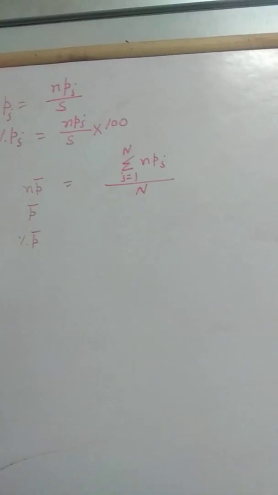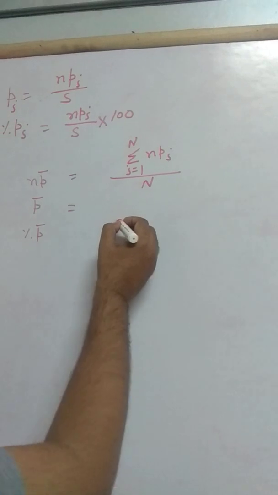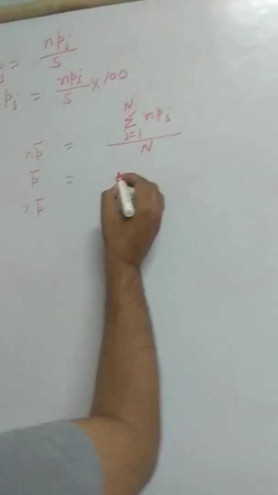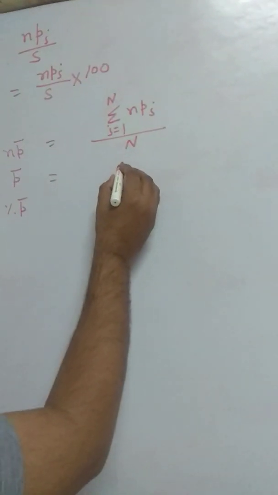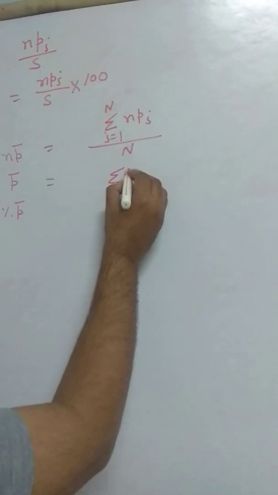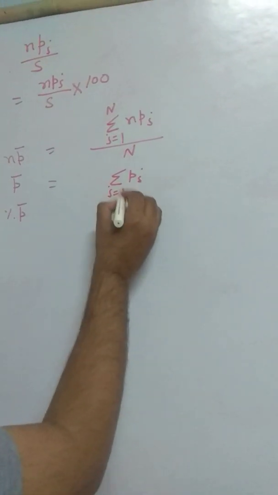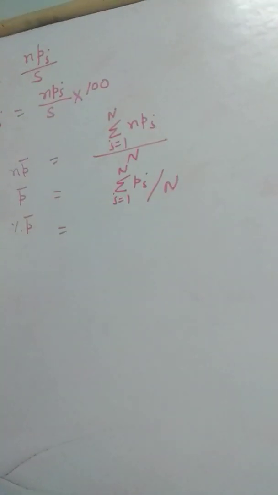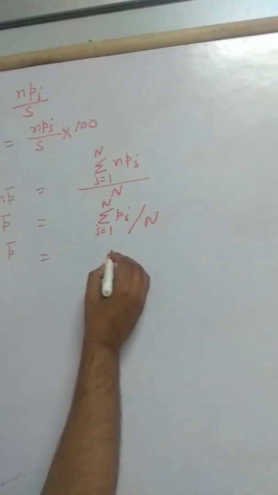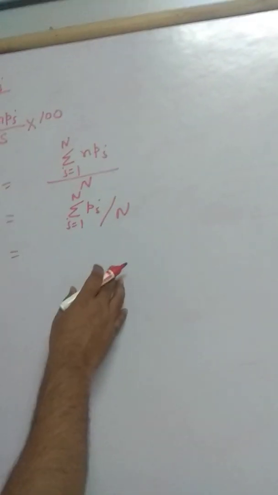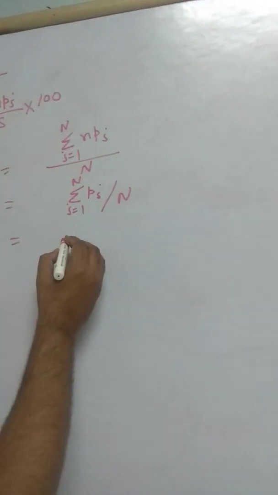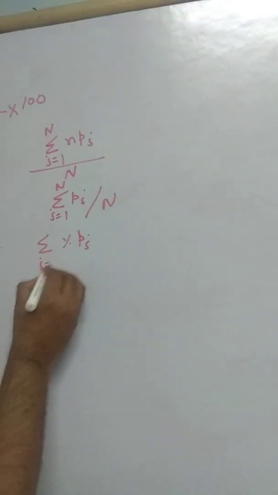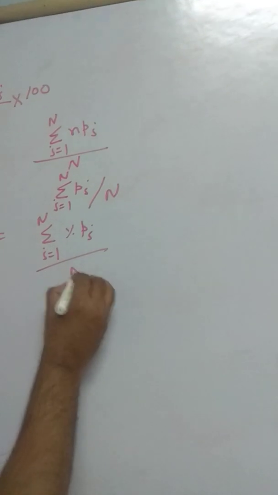Okay. And P bar can be computed using the formula summation Pi, i equals 1 to n, divided by n, and percentage P bar may be computed using the formula P bar into 100. Percentage P bar is summation of percentage Pi, i equals 1 to n, divided by n. Okay.